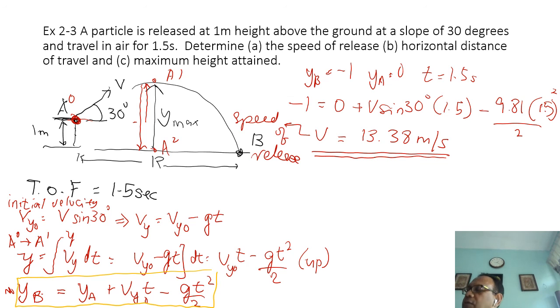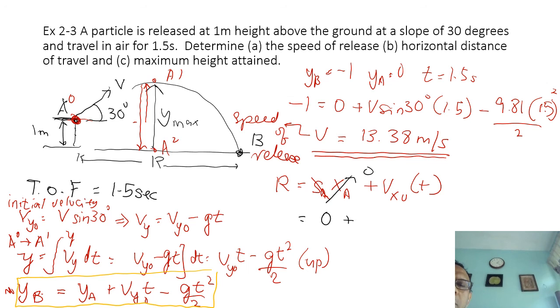The horizontal travel. The horizontal travel R equals xA plus Vx initial times t, and xA is 0. So we have 0 plus Vx. Do you know what Vx is? It is V cos 30, and t is known as 1.5.